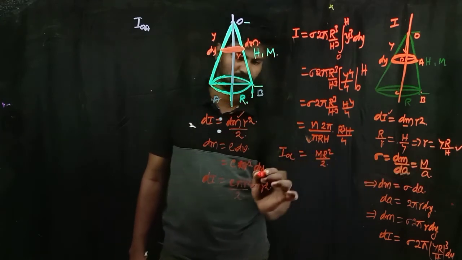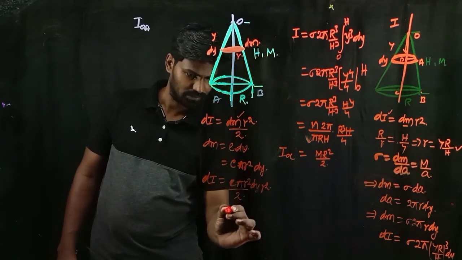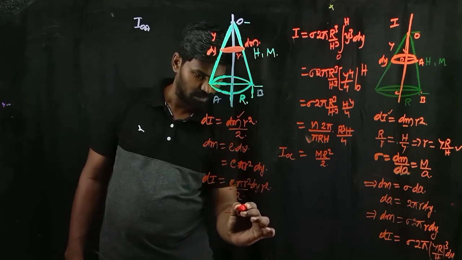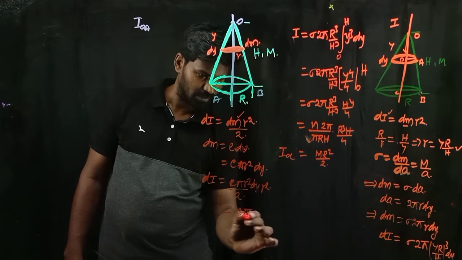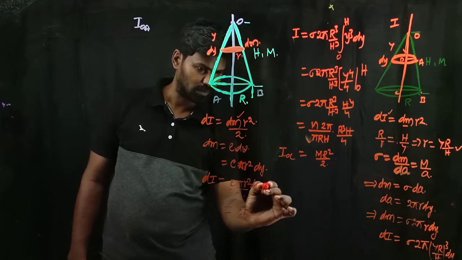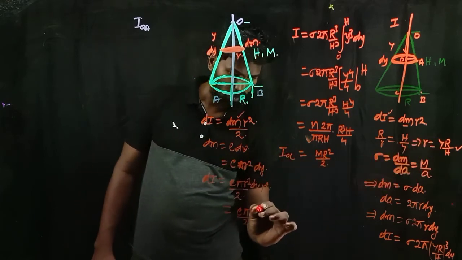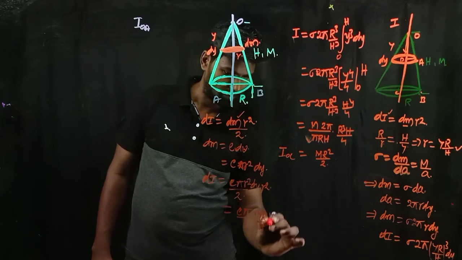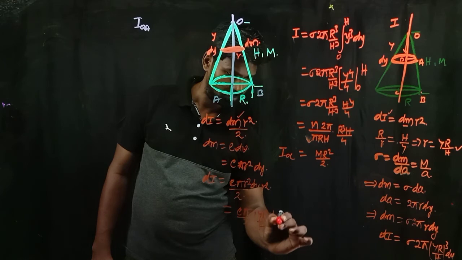That is this relation. I am using it here directly. That is equal to rho pi divided by 2 into r power 4, where r is y into capital R divided by capital H, all power 4, into dy.